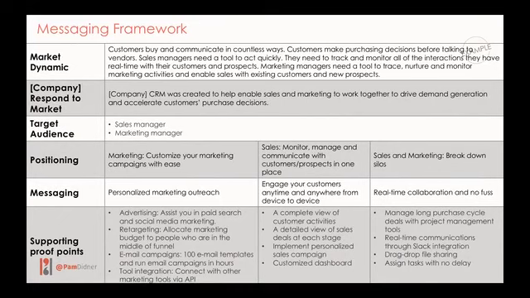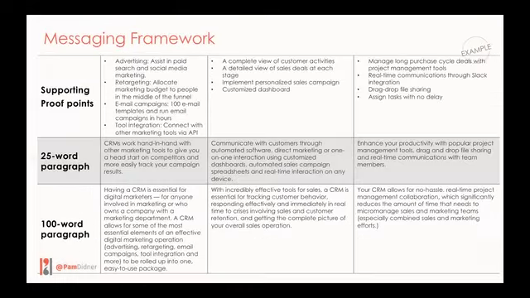You take the proof points, obviously from the previous slide, which is this specific slide, you expand it. Is it possible that you can expand it, provide a 25-word paragraph or 100-word paragraph, and this can also be the talking point for your sales team if they want to make a call or have additional conversations with their customers to talk about some of the product features and the benefits of your services.